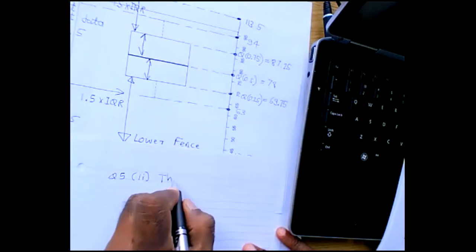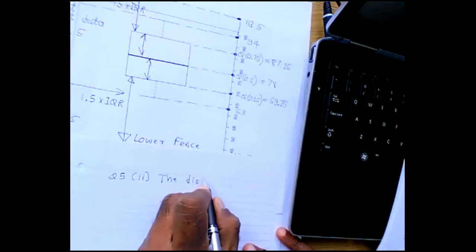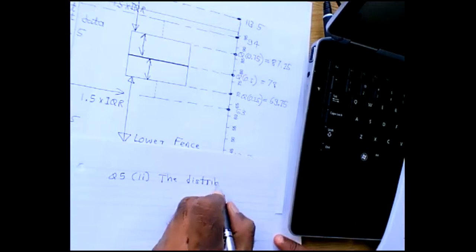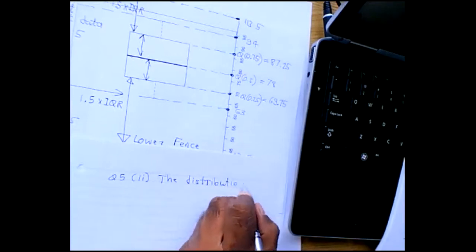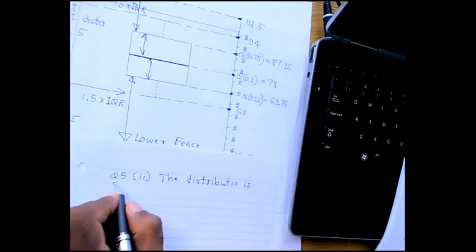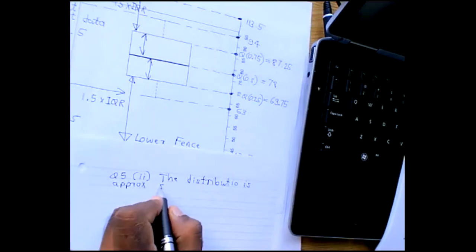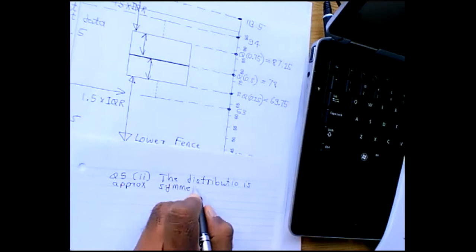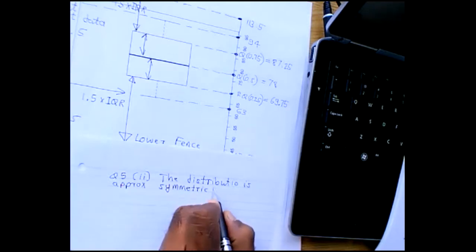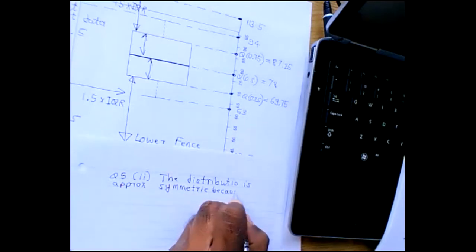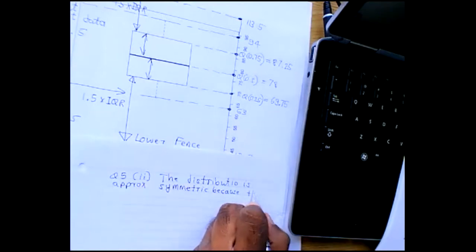So you can say the distribution is approximately symmetric, because the median is the middle line, guys.